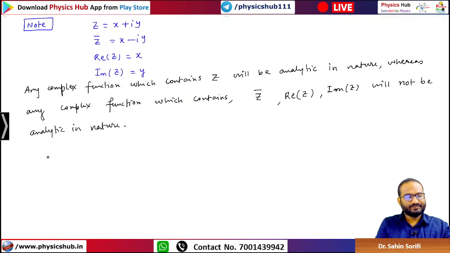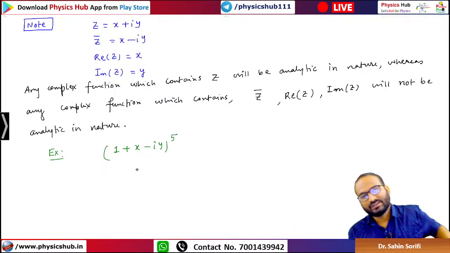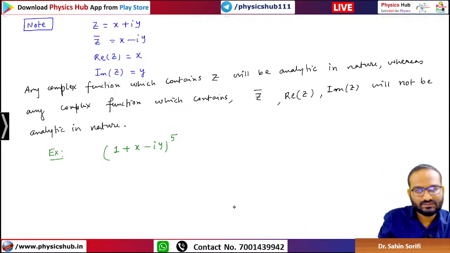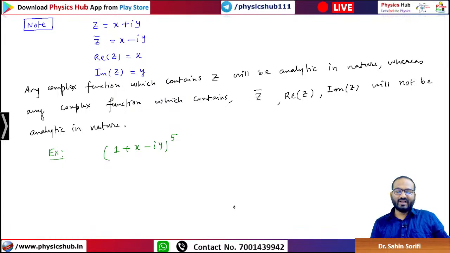For example, if I give you an example like this: 1 plus x minus iy whole to the power 5. If you go to check this with Cauchy-Riemann, then that will be very difficult. Tell me whether this will be analytic or not. 1 plus x minus iy to the power 5, is it analytic in nature or not?